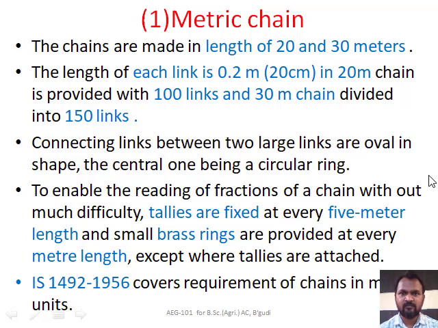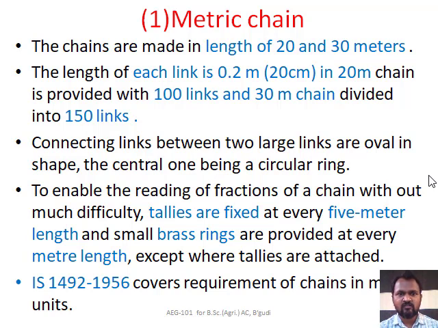We'll see first chain, that is the metric chain. This chain is having a length of 20 meter or 30 meter. For example, each link is 0.2 meter for the 20 meter chain, and it has 100 links. For the 30 meter chain it will be having 150 links. In this metric chain, the connecting links between the 2 large links are oval in shape, and the central one is a circular ring.